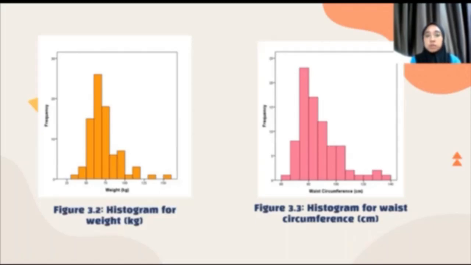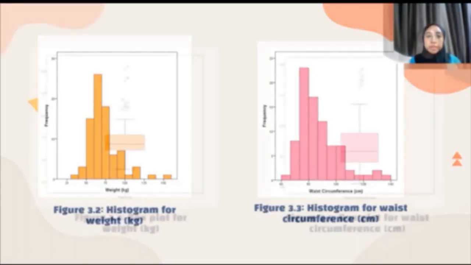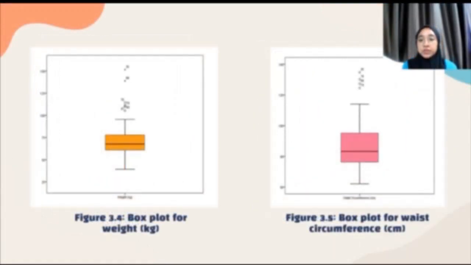Both of these histograms show that the data distribution is skewed to the right. Next, figure 3.4 is a box plot for weight, and figure 3.5 is a box plot for waist circumference. Both of these box plots show that the data distribution is also skewed to the right.